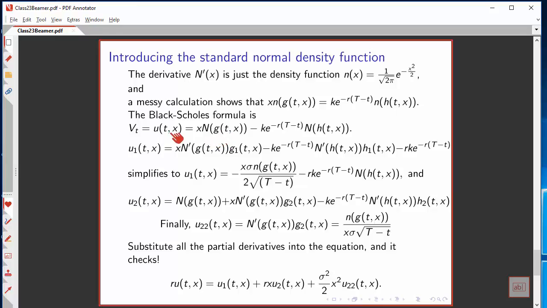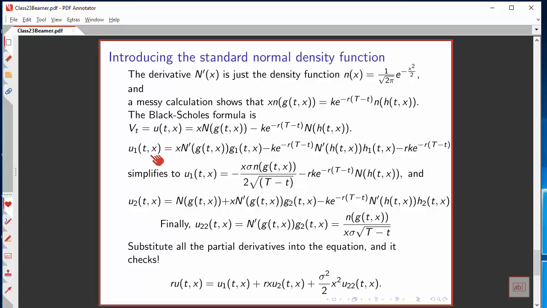Here's our Black-Scholes formula again. U of t and x split into two terms involves x times the normal distribution function applied to g minus the discounted strike price times the normal distribution function applied to h.